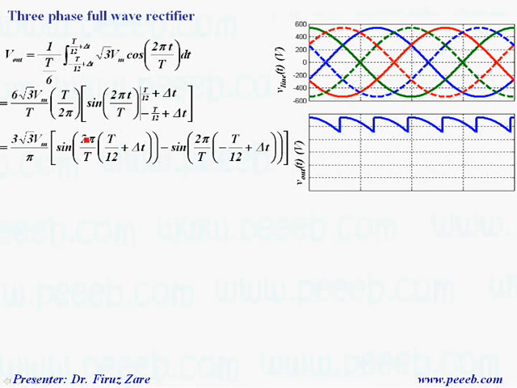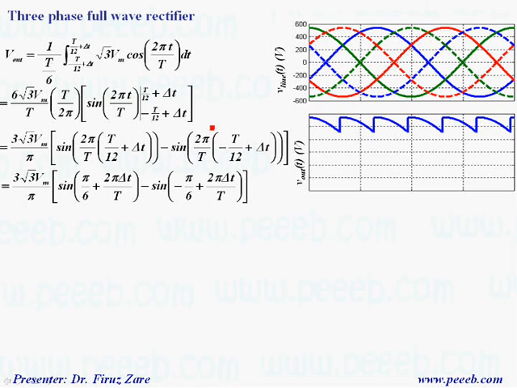Then we can simplify again. 6 over 2 is 3, root of 3 Vm over pi. This is a constant value. Then we put in the upper limit here and the lower limit here.